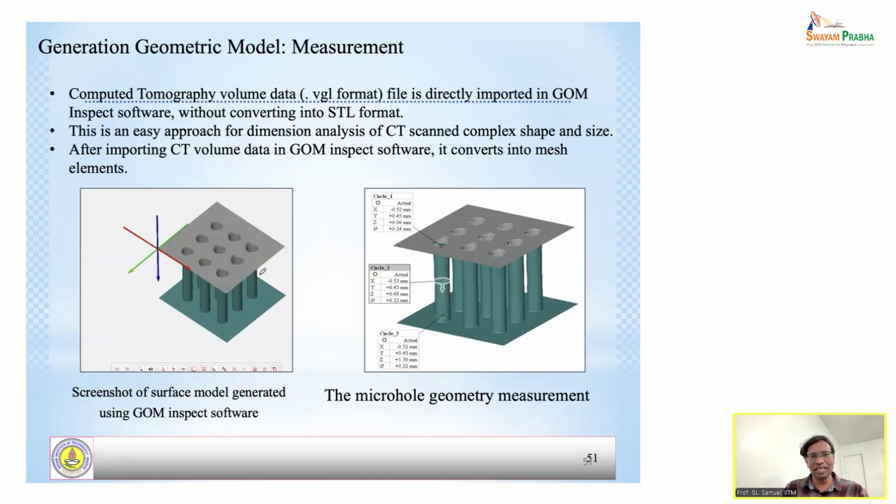These cylinders you are seeing are actually the holes. You can make the negative of it, or even make the whole thing solid. All these things we can do with geometric software, which is capable of analyzing the scan data and reconstructing the whole geometry.